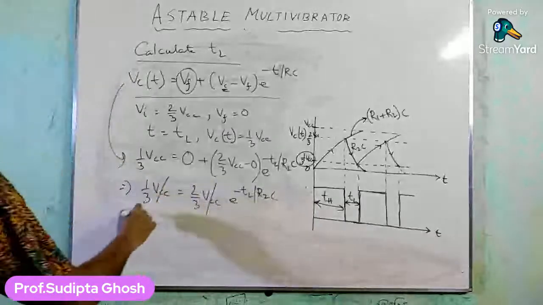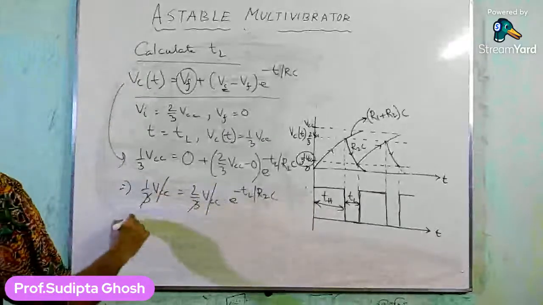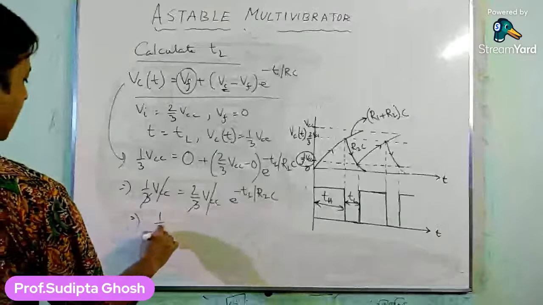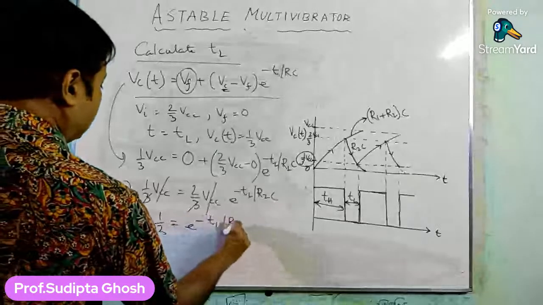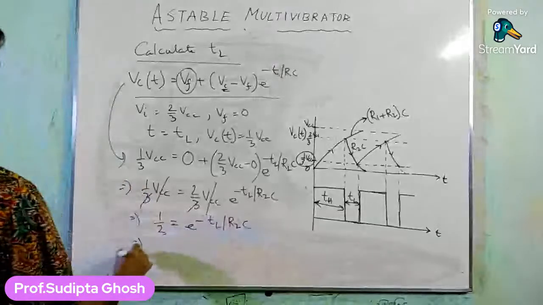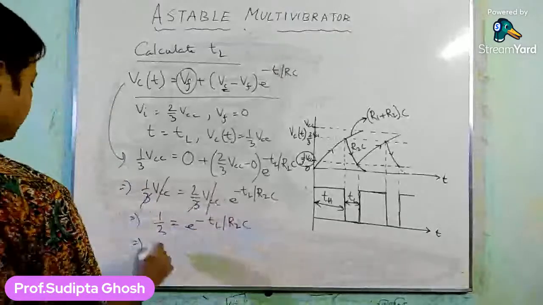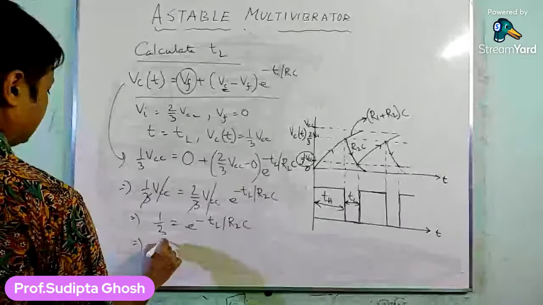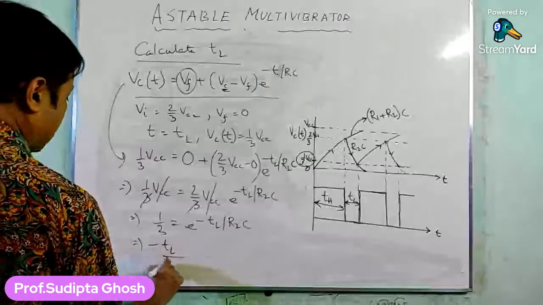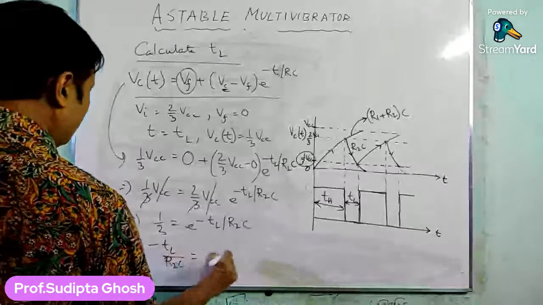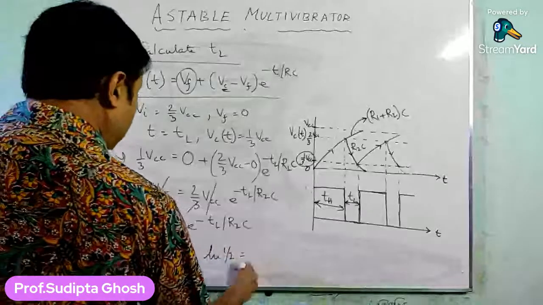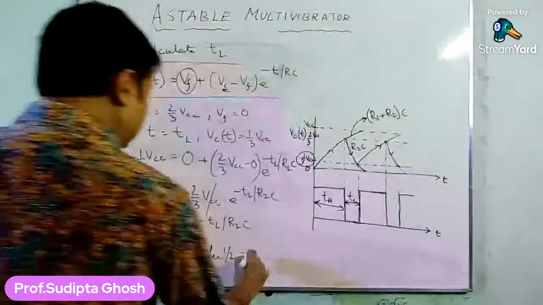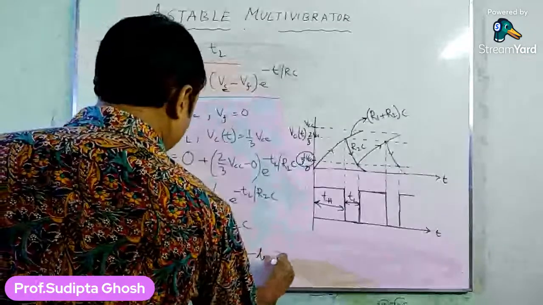Cancelling 3 and VCC, we have 1/2 equals e to the power minus TL by R2C. Taking logarithm on both sides, minus TL by R2C equals ln of 1/2, which is ln 1 minus ln 2, that is, minus ln 2.